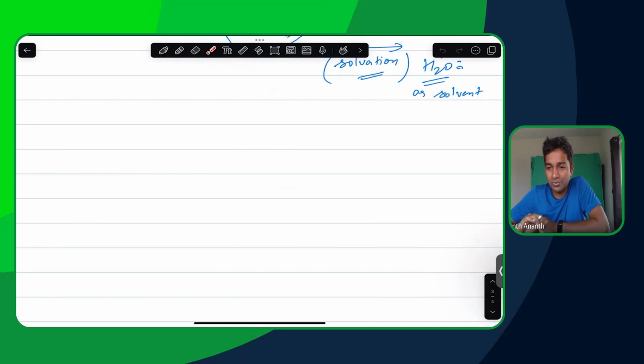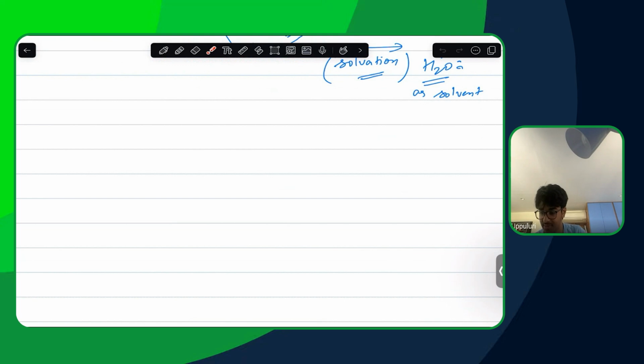Which one was given as more nucleophilic or more basic? Sir, the acetate ion is given.